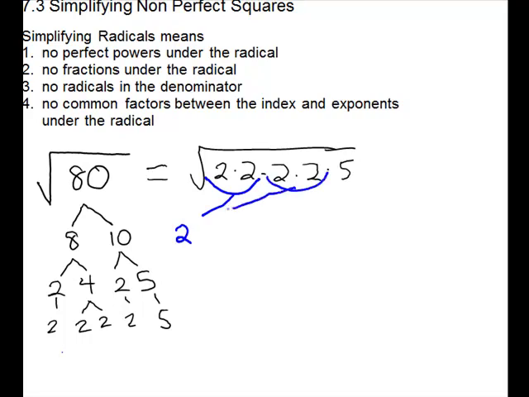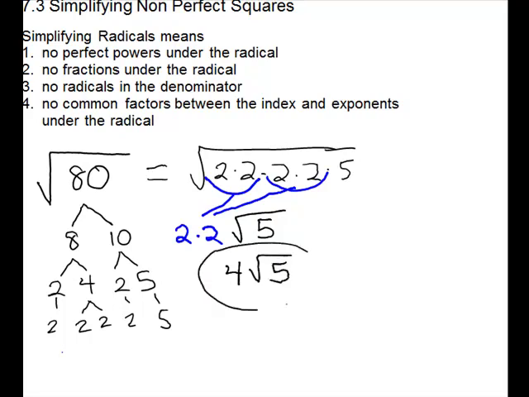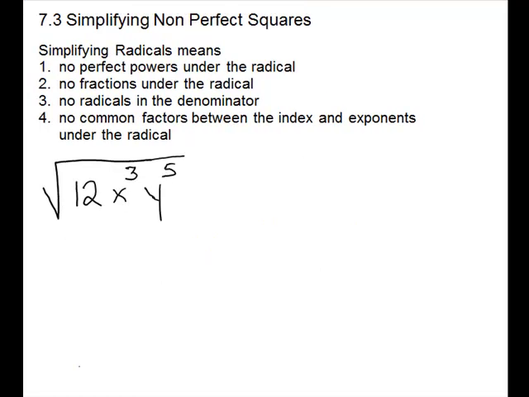One 2 goes outside for this square. It will multiply with whatever else is out there. The 5 is left. It does not have anything to go with it to make a square. And just multiply the ones outside together. So it gives you 4 times the square root of 5. That is simplified form. We'll look at one more problem for this video.